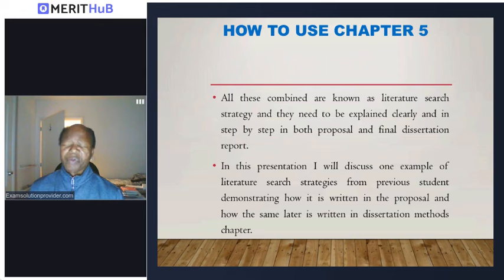So we need to know what you did, how you did it, and why you did it the way you did. In this presentation, I will also discuss one example of literature search strategies from a previous student, demonstrating how it is written in the proposal and how the same is written in the final dissertation report or project report.